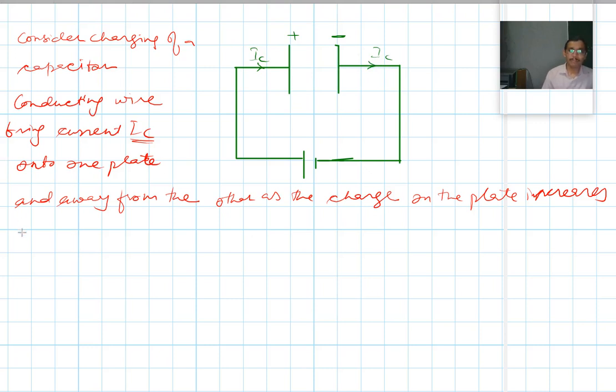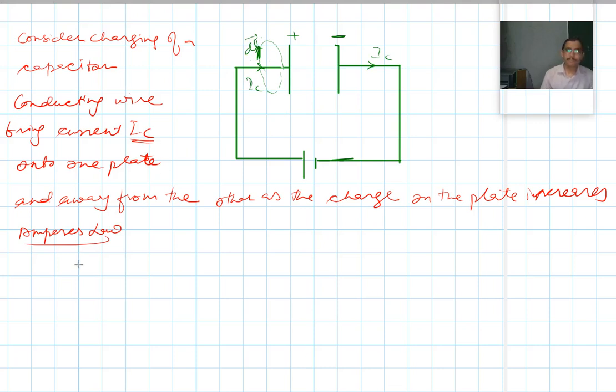So if I apply Ampere's law here, and we will assume that at the near end there is a loop, right? So dL is there and say IC current is there.